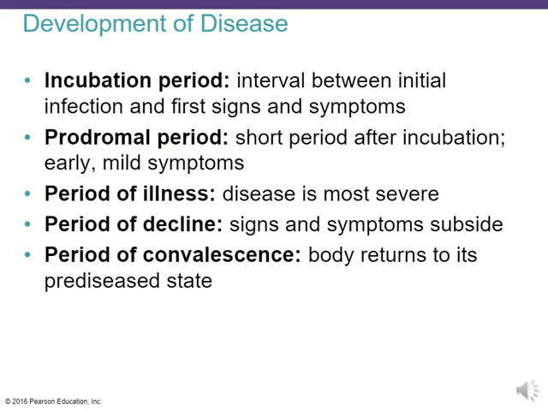The period of illness is when the disease is at its worst or most severe. The period of decline is when signs and symptoms subside, and then the period of convalescence is when the body returns to its pre-diseased state.